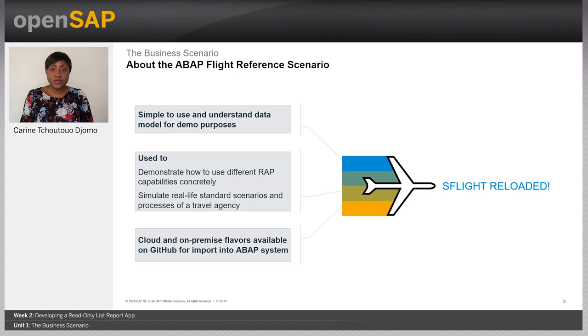It is a reloaded, adapted version of the well-known SAP NetWeaver Fly data model. The ABAP Fly reference scenario offers several examples that can serve as reference implementations of the various capabilities provided by RAP. For example, greenfield and brownfield implementations with and without draft handling.